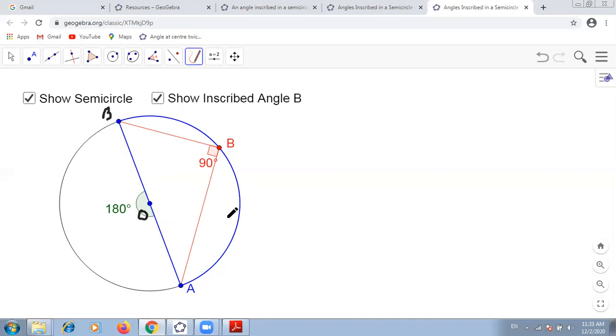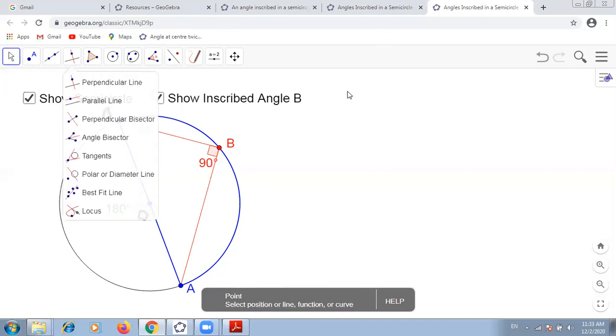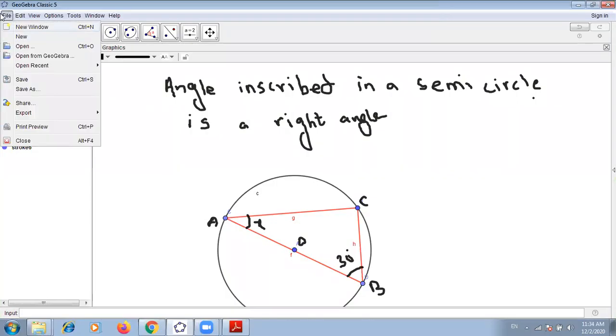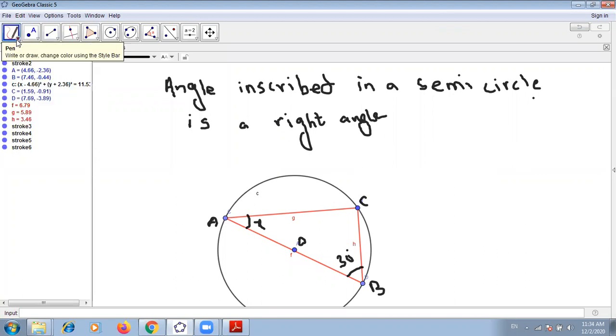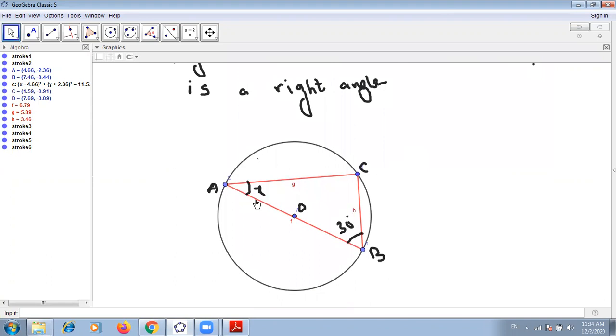Let's suppose how different types of questions can be given to you. Let's suppose we have a question like this, in which we have to find the value of x, and this angle is given as 30 degrees.